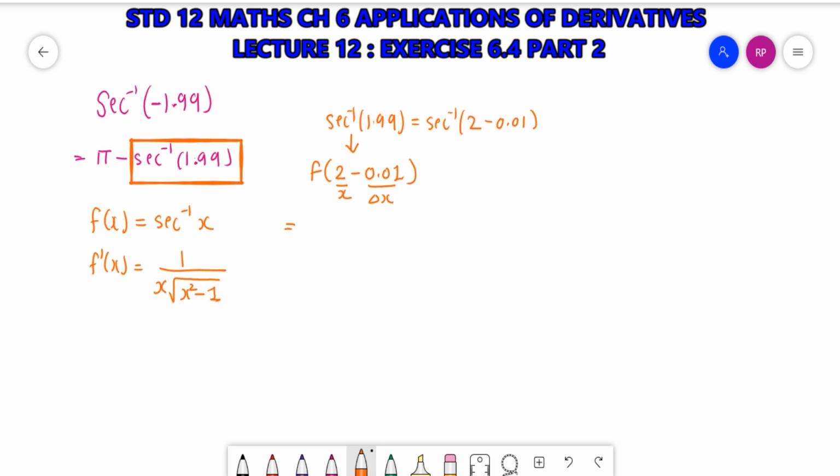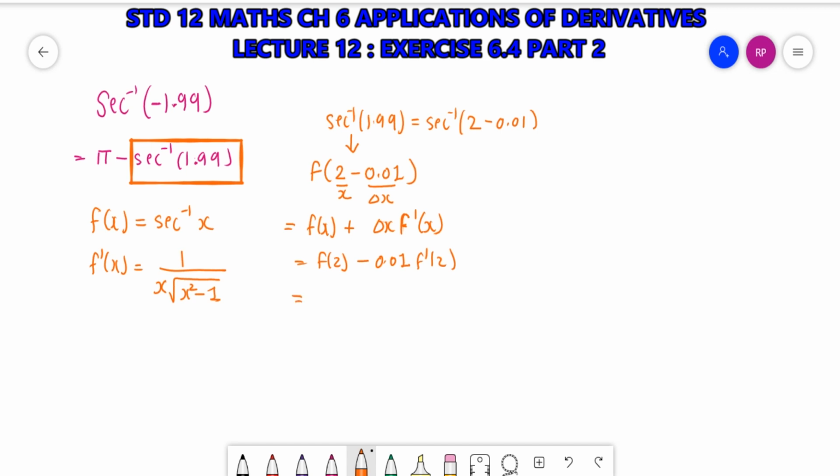So what was our formula? f(x) plus delta x into f dash x. Now delta x is minus 0.01. So f of 2 minus 0.01 f dash 2.